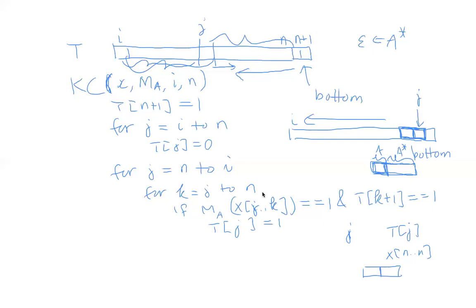And then one way we look at here is that we want to know whether this whole thing is in A. Okay, and if it is, and we know this is 1. So if this whole thing is in A, then t of j is 1.